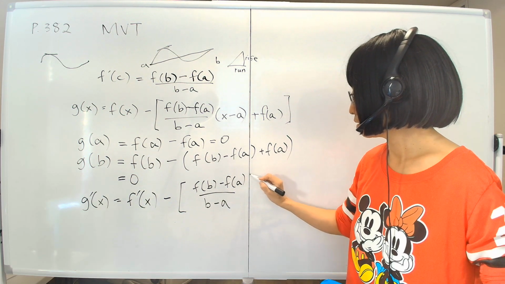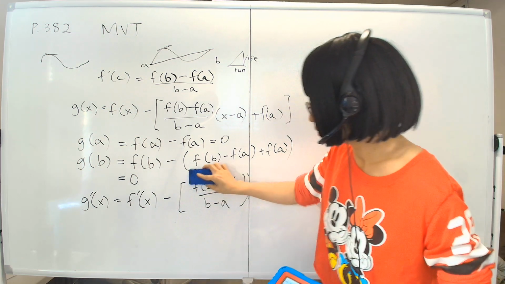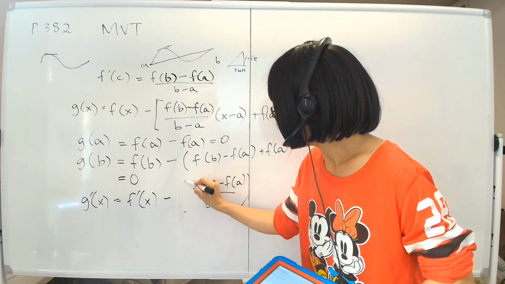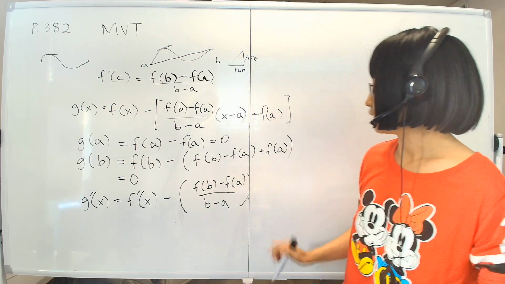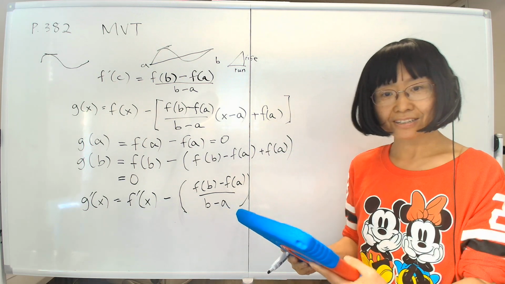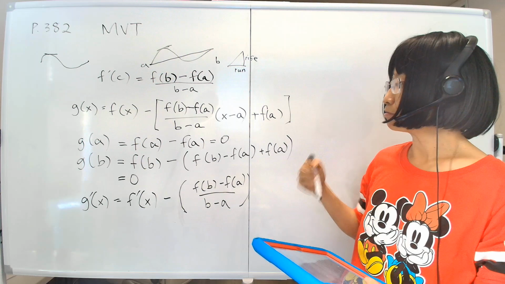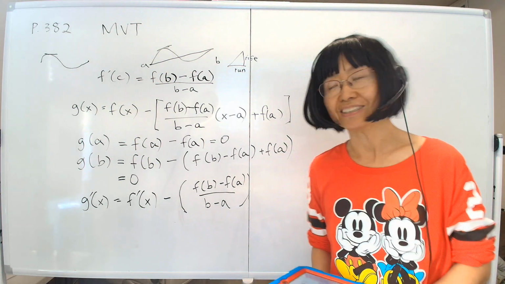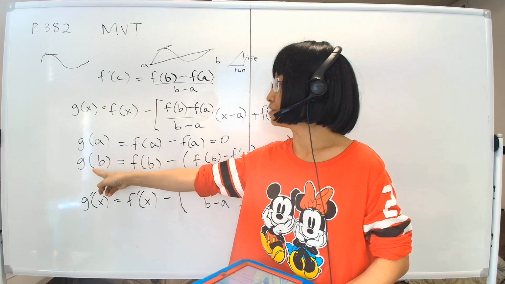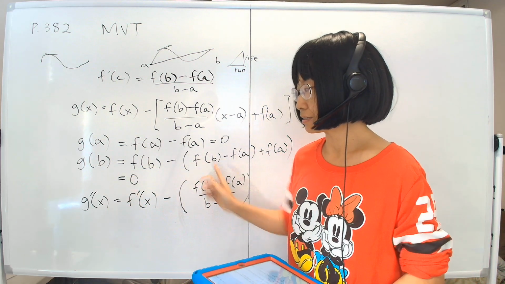I'll put this in parentheses, and then the derivative of the last thing is 0 because it's a constant. So now we have a specific function where it is 0 at a, 0 at b, and its derivative is whatever.